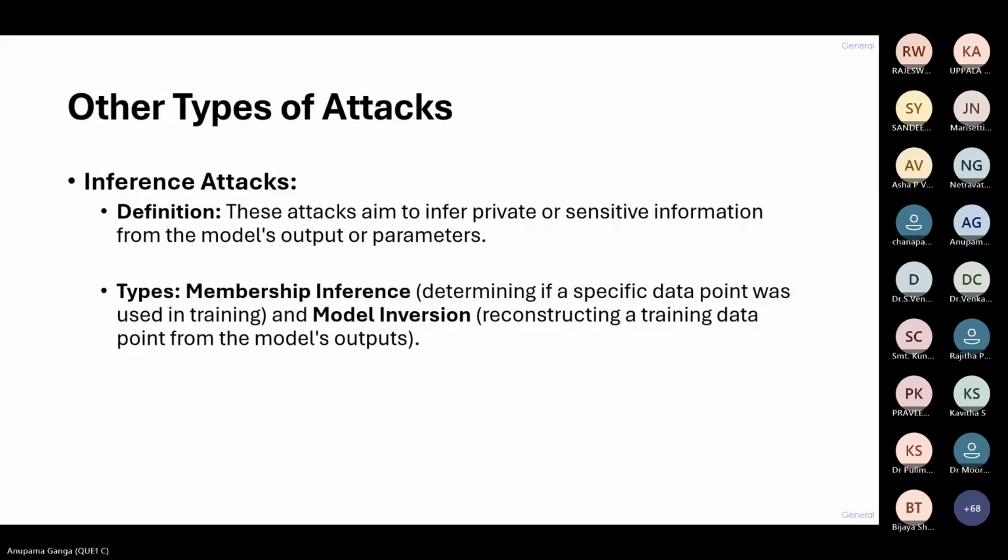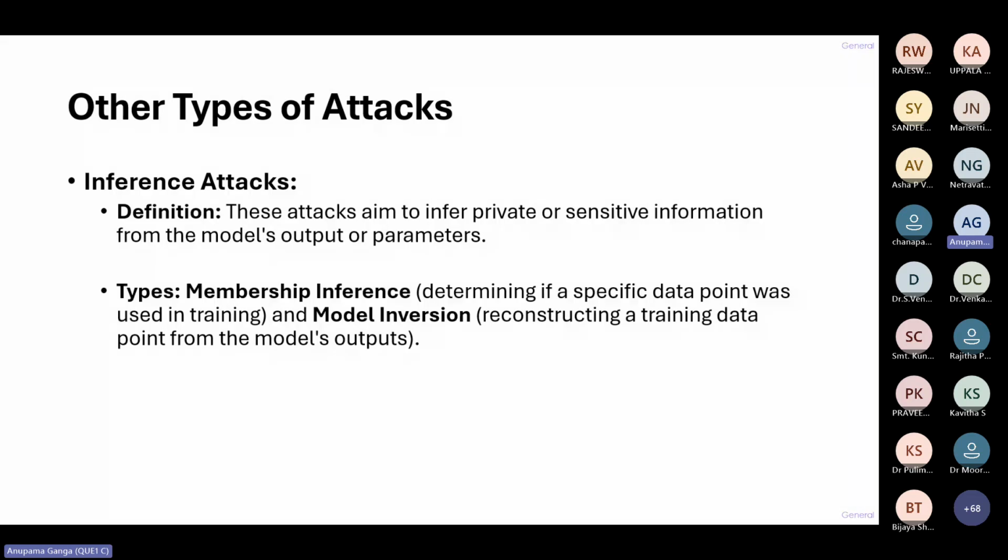Basically, an attacker trains a machine learning model on a data set similar to the target model's training data. And by querying the attacker's model, they can infer whether a specific record was used to train the target model. So this is like giving a specific query and then trying to see whether this data is part of it.